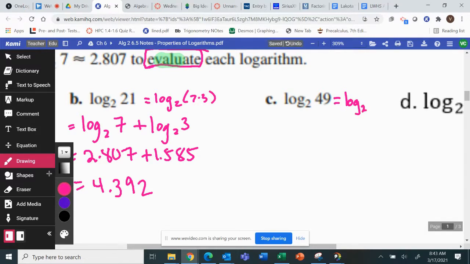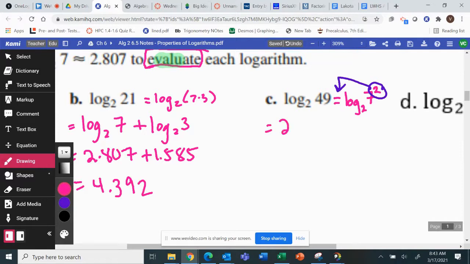Okay, I'm going to do it a different way if you don't mind. That way is fine, but I'm going to purposely do it this way instead. So he said log base 2 of 7 times 7. And we already did a times right here. So I'm going to make it 7 squared instead. Both are the same. If I have log base 2 of 7 squared, I'm going to use my property that says take this power, move it to the front, and multiply it.